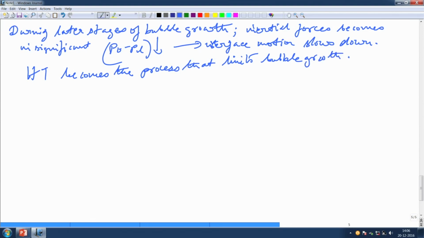So, it is not an inertial dominated framework anymore, it is heat transfer, because everything is becoming a little bit slow now. So, now if we have to write the energy equation for the heat transfer part, what will be the basic equation? This will be this, right.